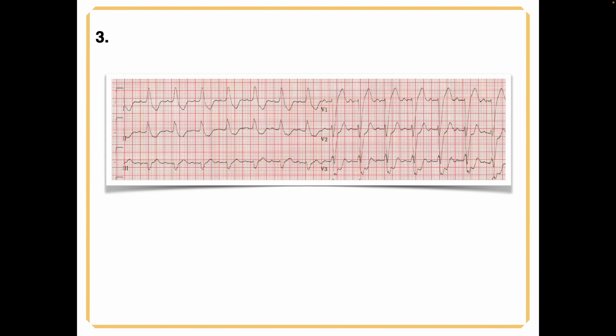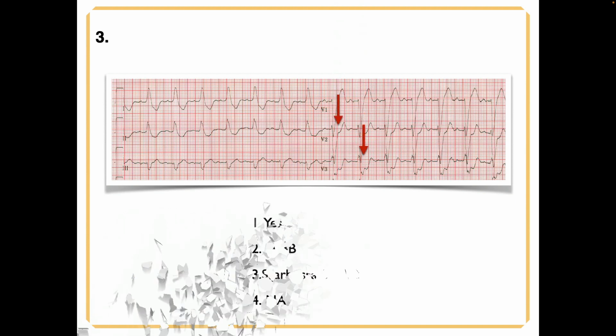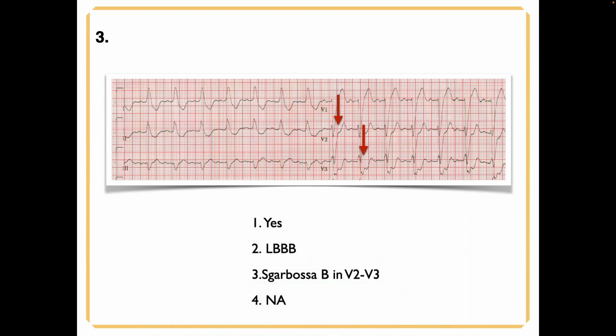Okay, so V2 and V3, correct? Right. So yes, we have a bundle branch block. Yes, it's left. Sgarbossa B in V2 and V3, and question 4 is not applicable.